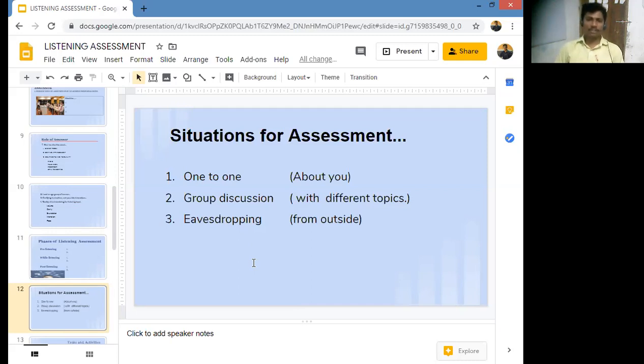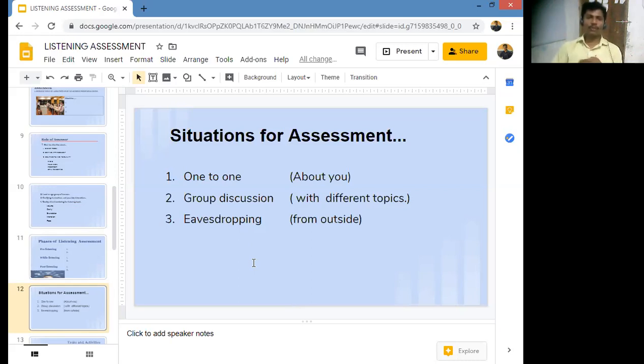Second one is the group discussion. We can ask someone to speak and we can ask someone to listen. If someone speaks, the others will get a chance to listen. And an assessor who is monitoring that assessment situation will try to find his conclusion from that situation.